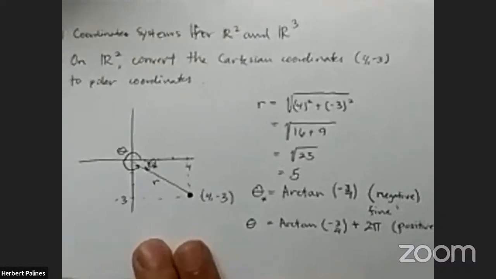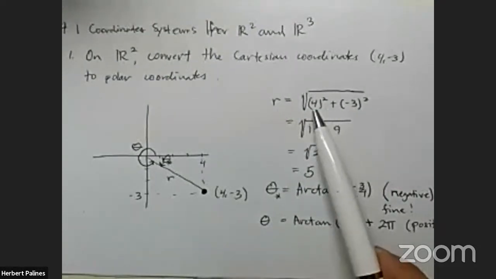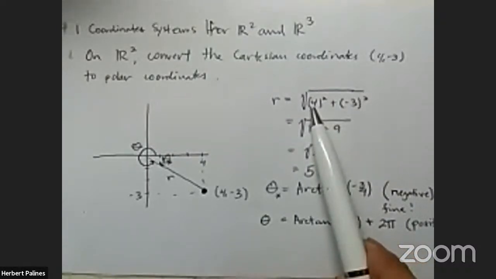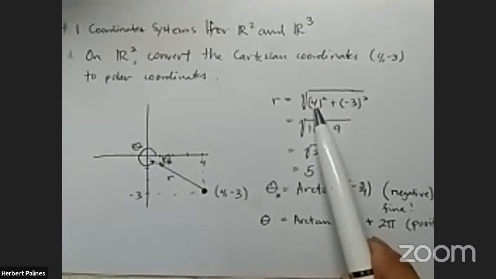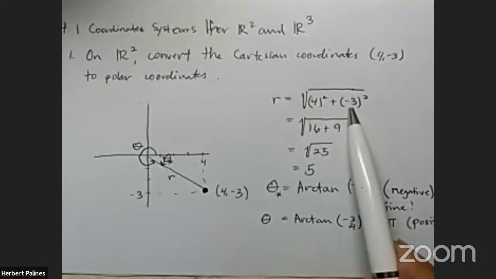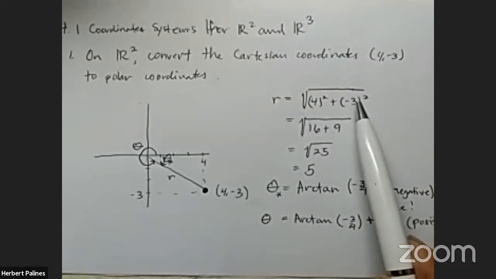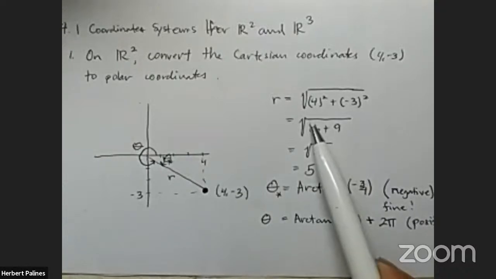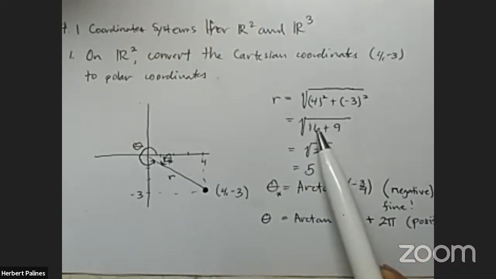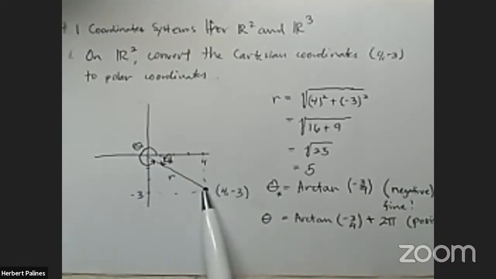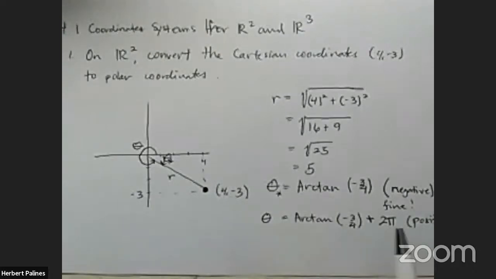So if you compute r, we'll use this formula: the square root of x squared plus y squared. So you'll have the square root of 4 squared plus (-3) squared. If you simplify this, you'll have the square root of 16 plus 9, or the square root of 25, or 5. So r is 5. In other words, the distance of this point from the origin is 5 units.